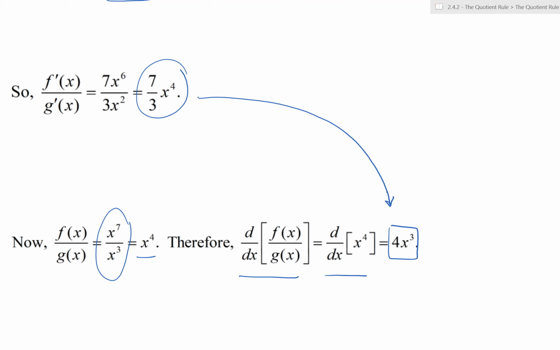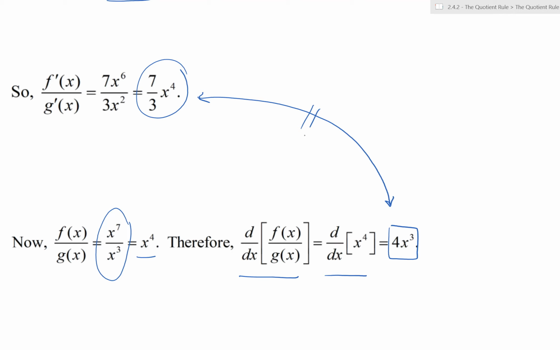And similar to how we went about the product rule, we can see that those two things are not equal to each other, right? Therefore, in general, the derivative of the quotient of two functions is not equal to the quotient of their derivatives.